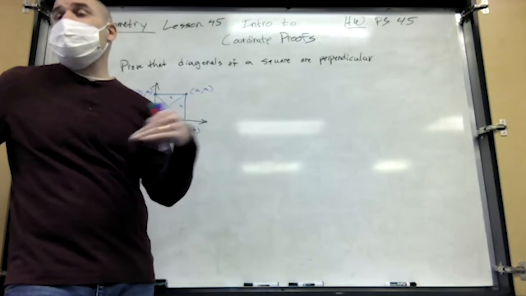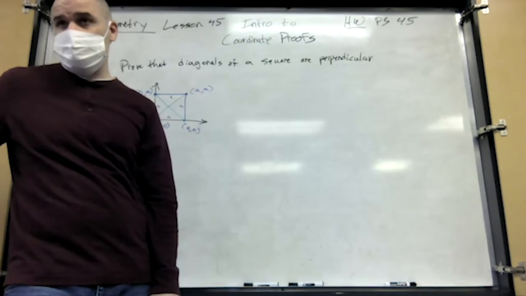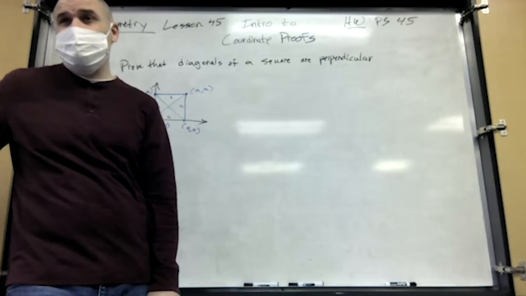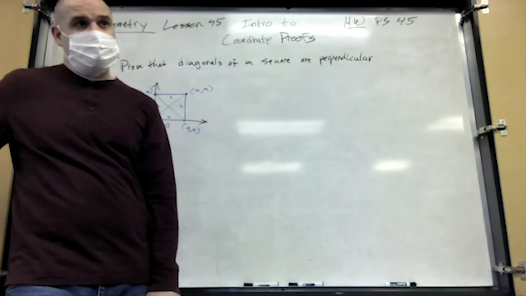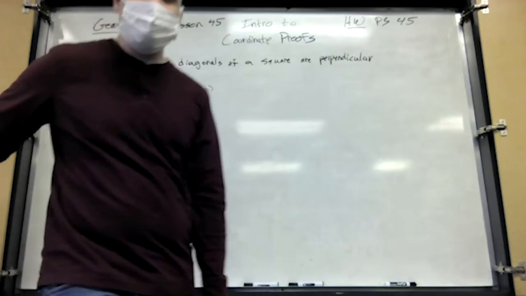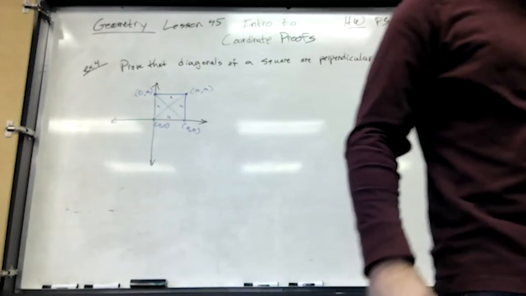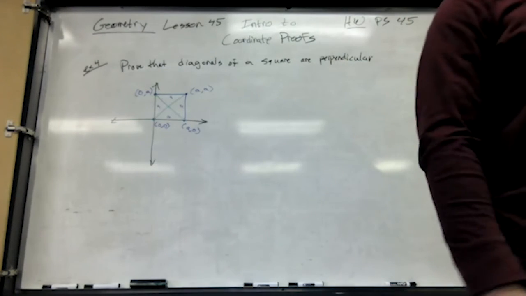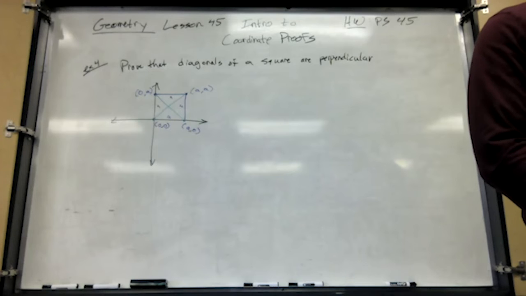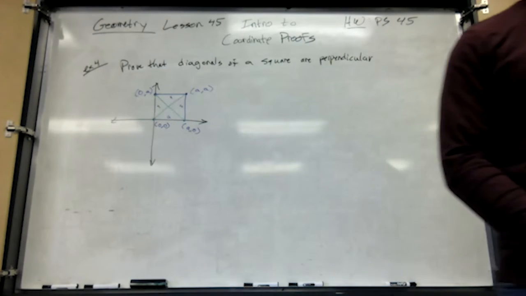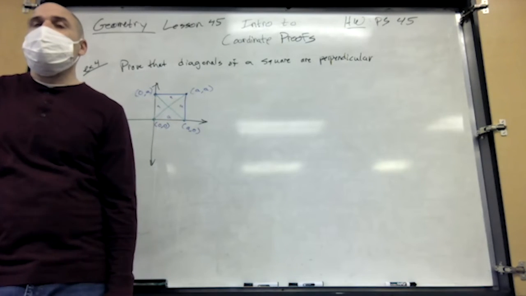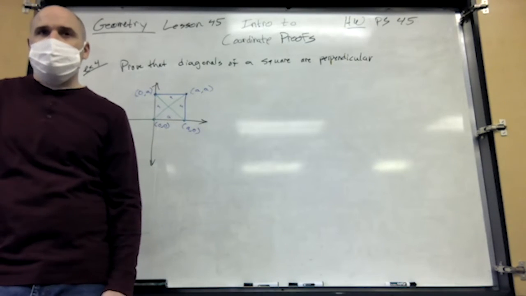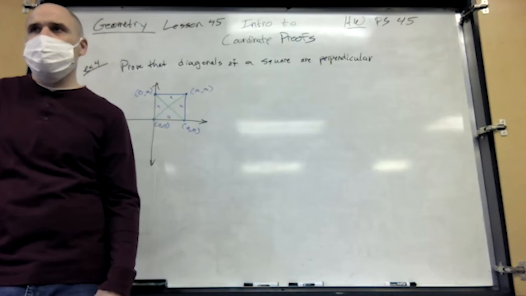How do you know that lines are perpendicular? By just looking at the equations of the line. Yeah, but you can't really prove that on a coordinate plane. How do you prove it algebraically? How do you prove that two lines are perpendicular algebraically? We're going to use the vertices, so that'll be part of it for sure.